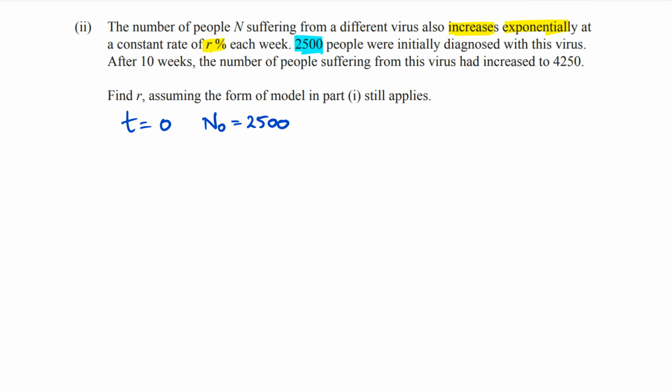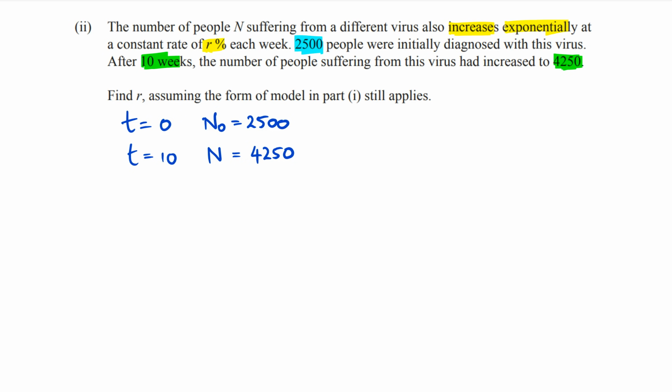I'm just using the formula from before. Then they're saying that after 10 weeks, the number of people is 4,250. So t is equal to 10, N is equal to 4250, and you're asked to find what r is. So that's the ratio of increase, right?